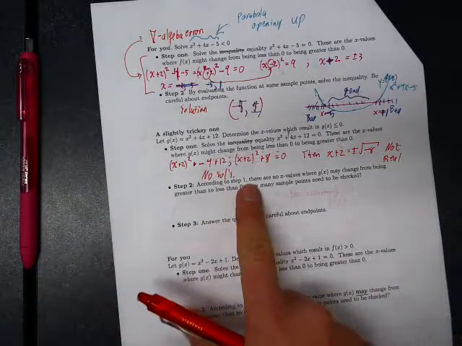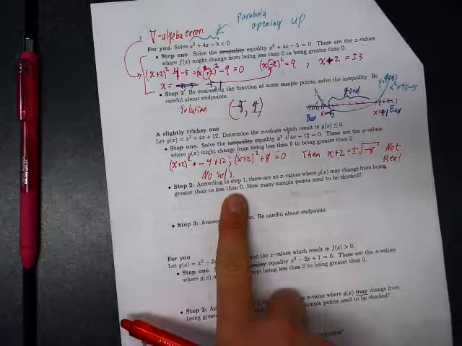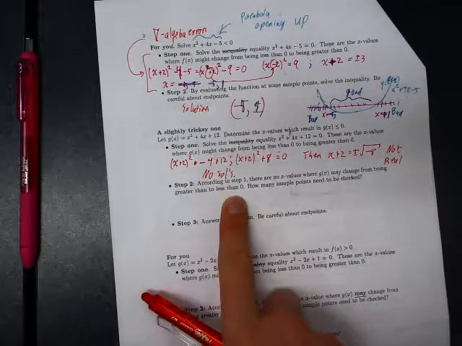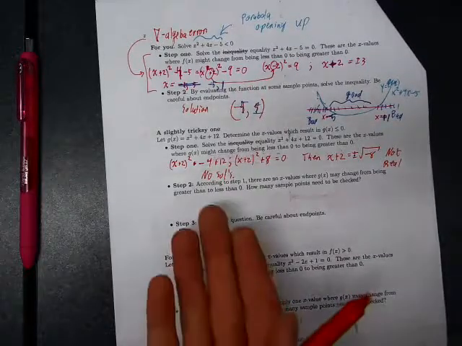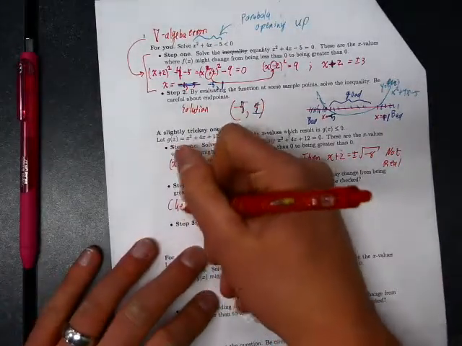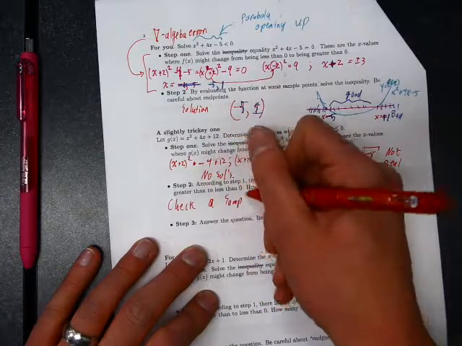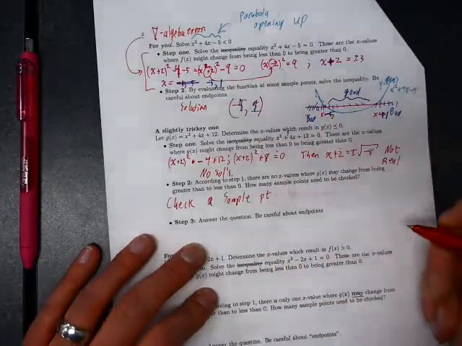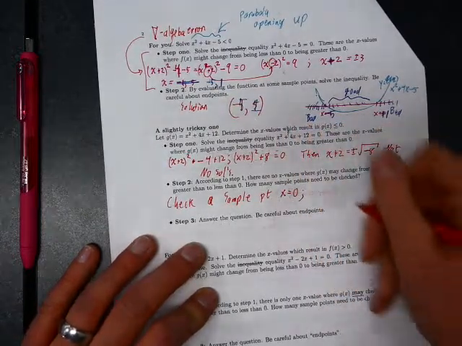So according to step 1, there are no places where g of x can change from being greater than 0 to less than 0, or less than 0 to greater than 0. So that means that either the function is always bigger than 0 or always less than 0. So let's just check a sample point. I don't care which one. What's the easiest number to plug in? x equals 0 is pretty easy to plug in.